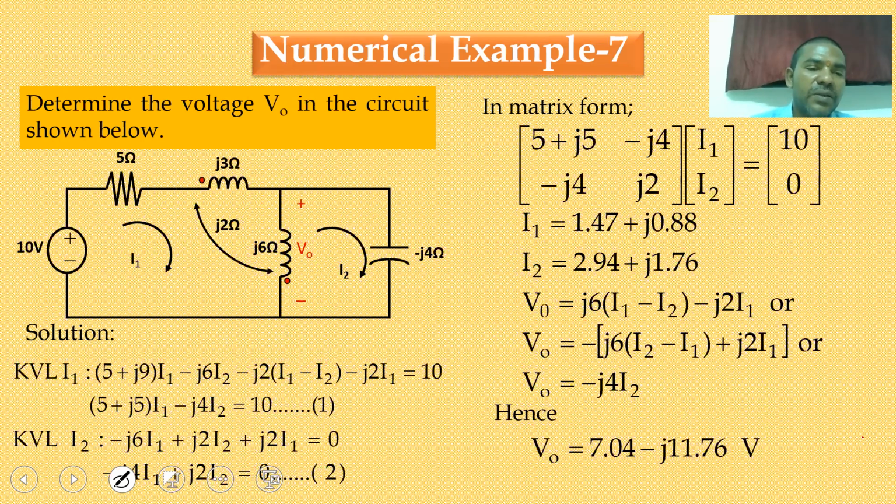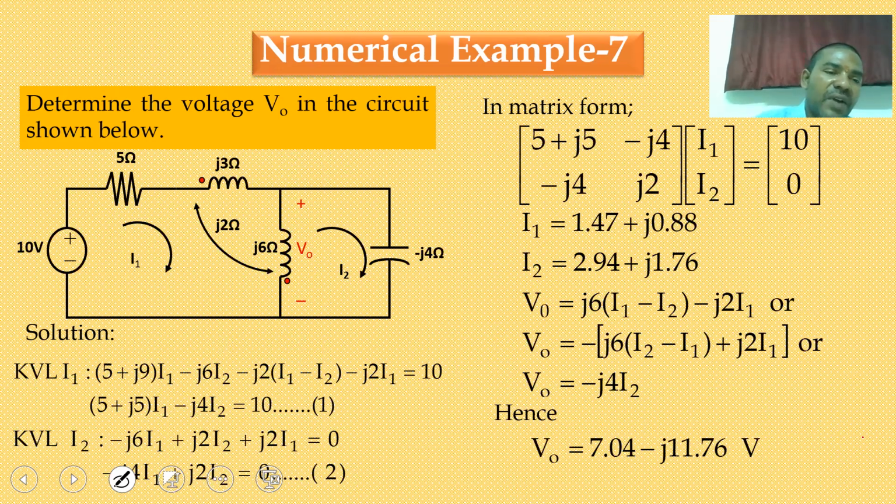Here it is a two-loop circuit. You have to find the two currents with respect to the voltage drop across the inductor J6, that is V0. For this one, I am going to apply KVL.